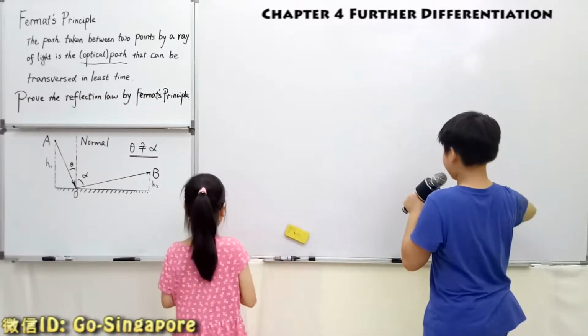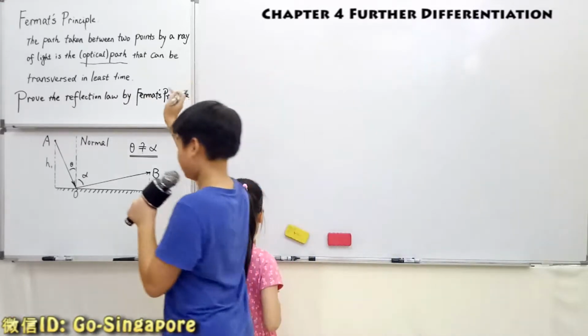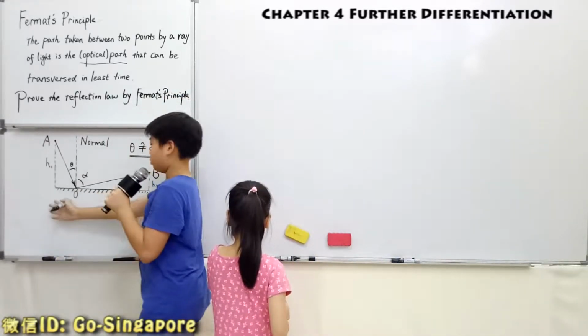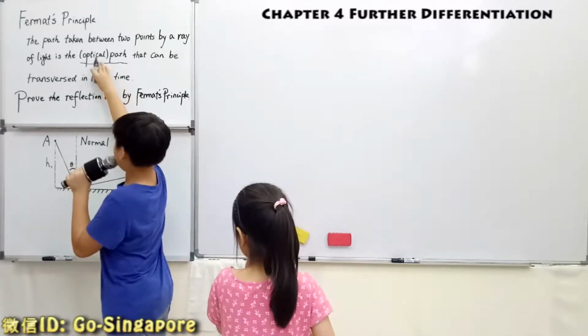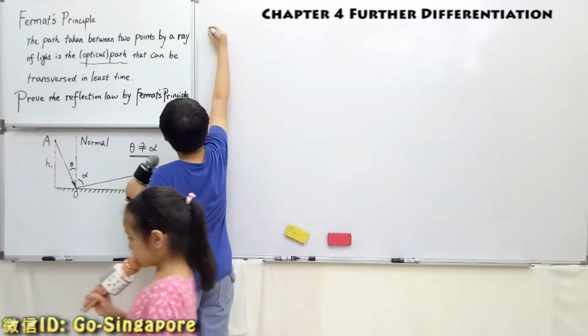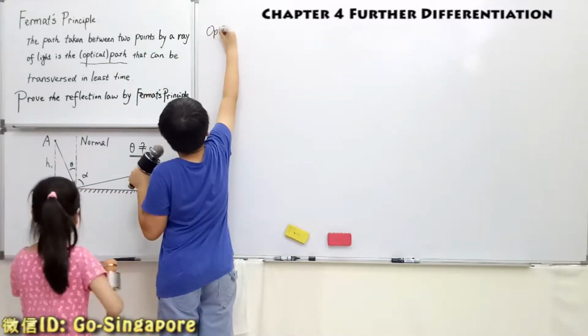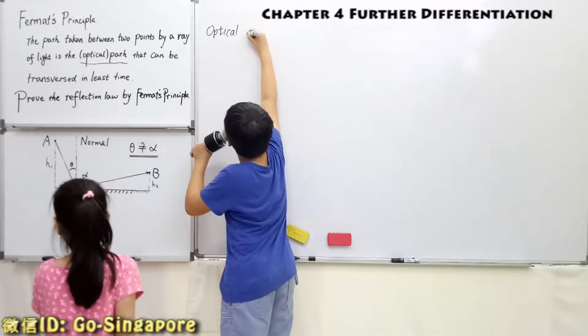So for this, we'll have the next. When you look at this, what do we need to talk about? First, can we start here again? The optical path.